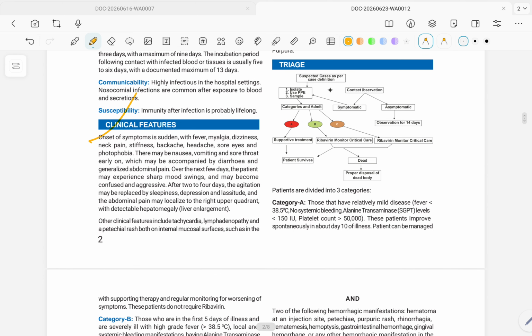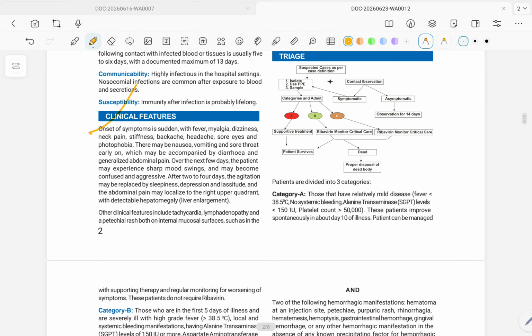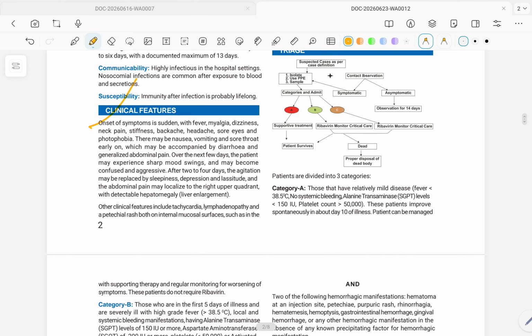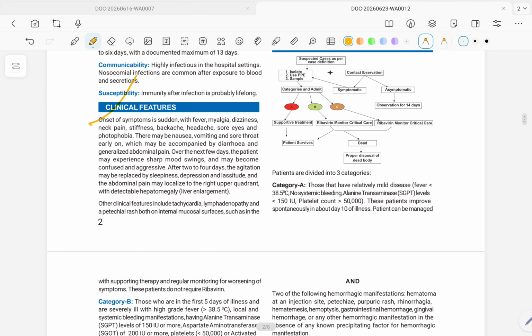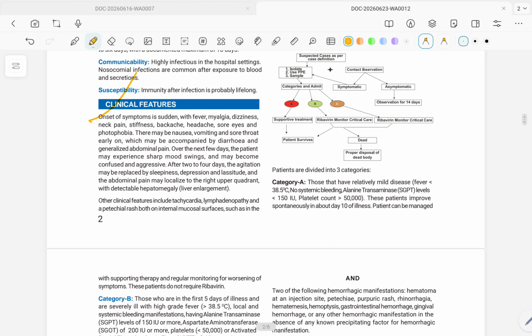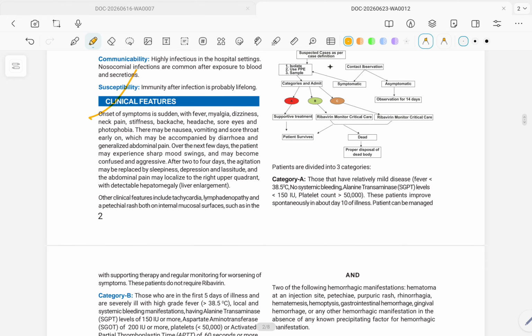Clinical features. Onset of symptoms is sudden with fever, malaise, dizziness, neck pain, stiffness, backache, headache, sore eyes, and photophobia. There may be nausea, vomiting, and sore throat early on, which may be accompanied by diarrhea and generalized abdominal pain.